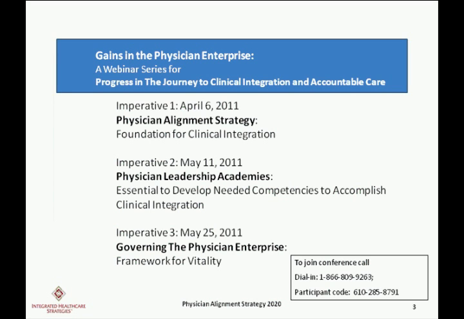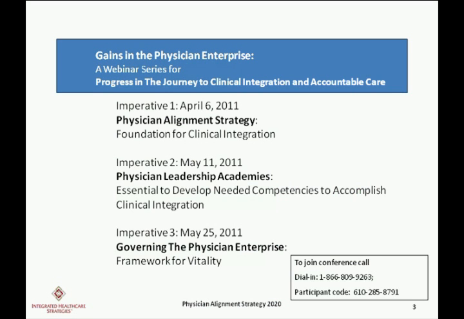We will be addressing that in a separate webinar on May 11th, looking at some of the competencies and learning methods that are working well across the nation for physician leadership academies. The third imperative is to look at governing the array of physician-hospital arrangements.